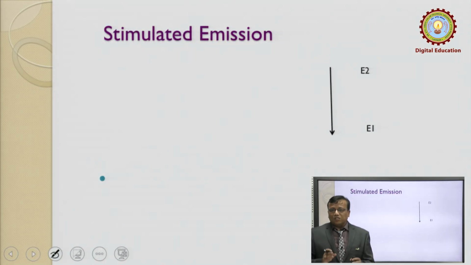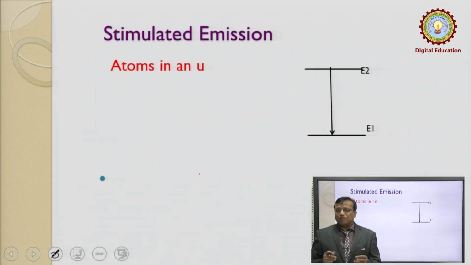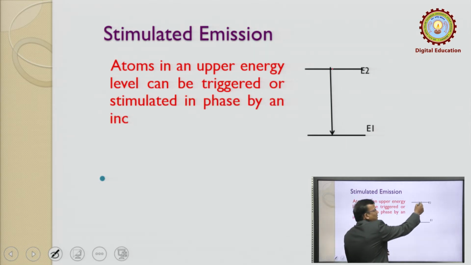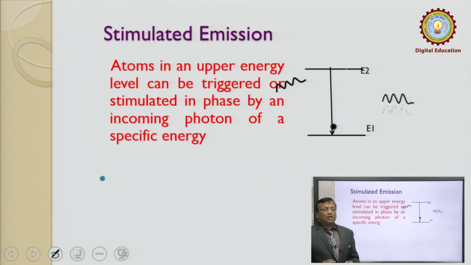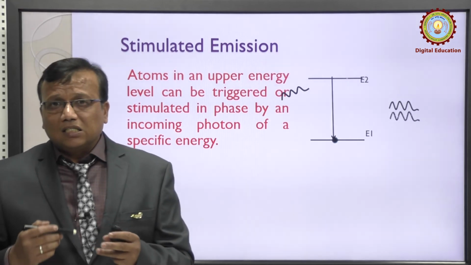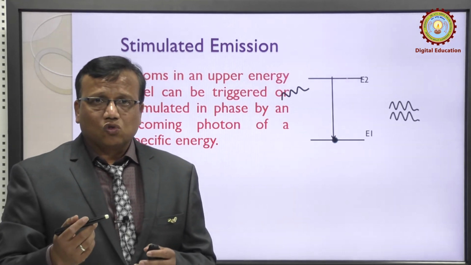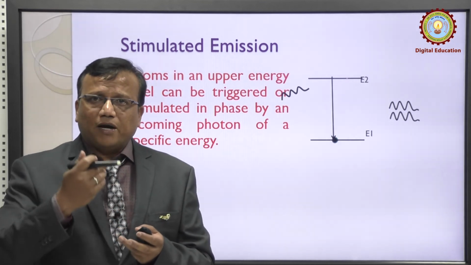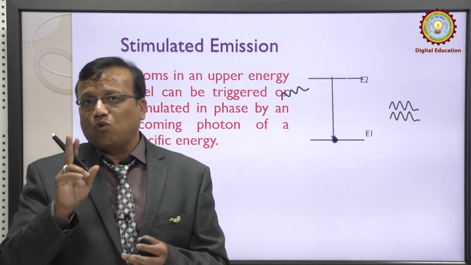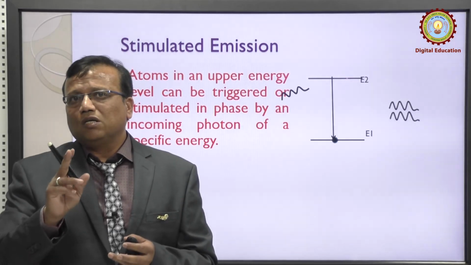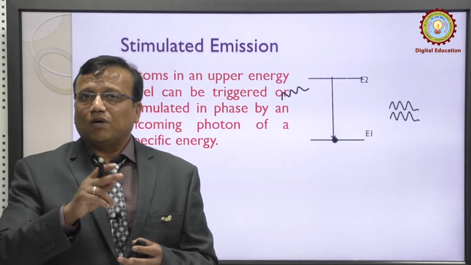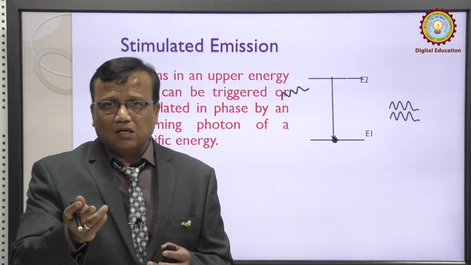Now the third one, which is the most important process, is called stimulated emission. It means whenever the atom is in the excited state, here we are seeing atoms in the excited state, and energy is given to this atom from the external source. Then the atom absorbs this energy and comes back to the ground state by emitting two photons: one photon which the atom already had, and another photon which was given to the atom from the external source.